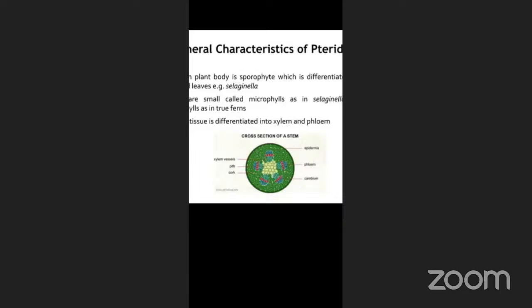So the seeds are directly exposed to their surroundings. There is no sheath, meaning no fruits are formed in the gymnosperm. So that's why fruits are not there in gymnosperms. Only the seeds are directly exposed to the environment.